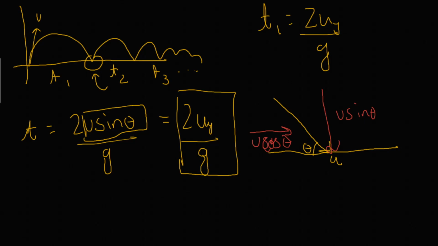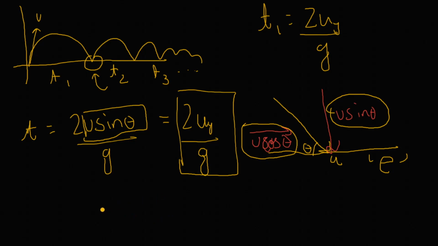What do we get? We know that the coefficient of restitution from the floor is e, and we know that the velocity changes only normal to the surface of collision. So this u cos theta will remain unchanged. Only the vertical component of the velocity will change. How will it change?